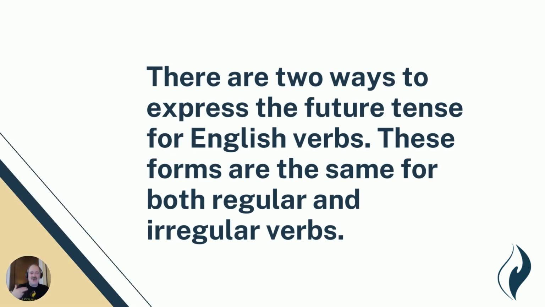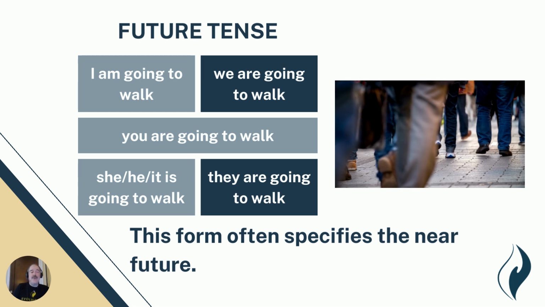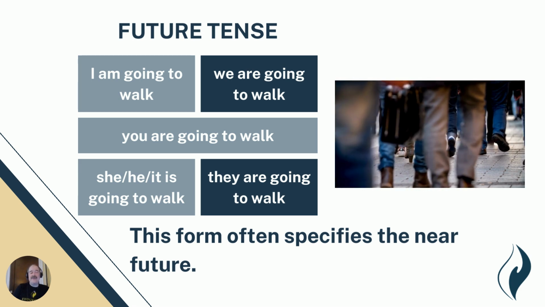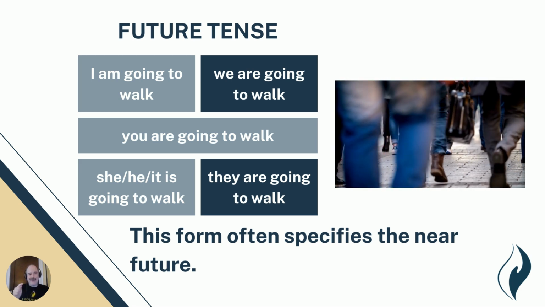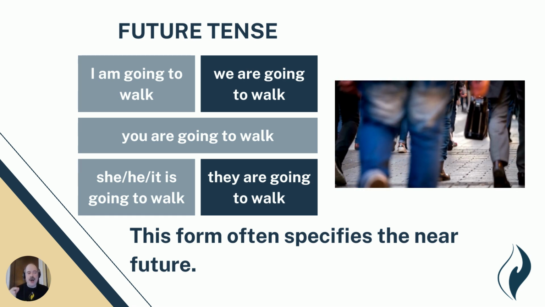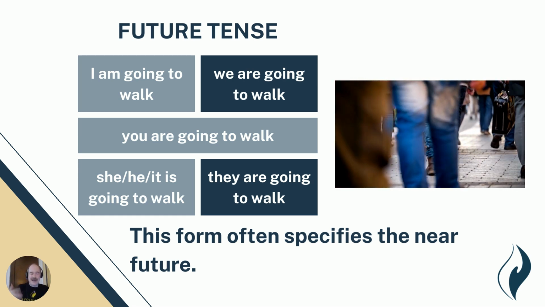Now, there are two different ways to express future tense for English verbs, and these work exactly the same for both regular and irregular verbs. We can use the phrase be going to. I am going to walk. We are going to walk. She, he, or it is going to walk, and so on.